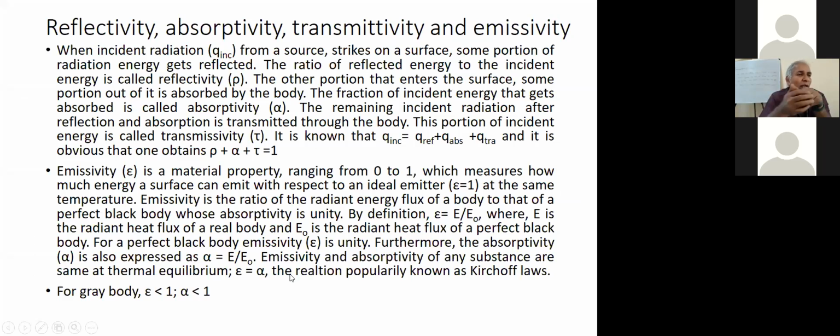So emissivity of any body is defined as the radiant heat flux of the real body compared with the radiant heat flux of a perfect black body. To give you an example, as far as the Earth's surface is concerned, in the microwave part of the electromagnetic spectrum the emissivity is not equal to 1.